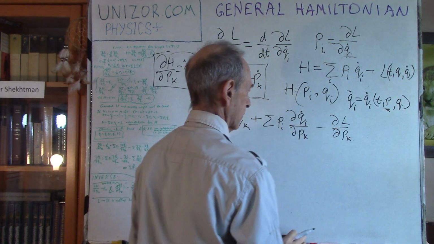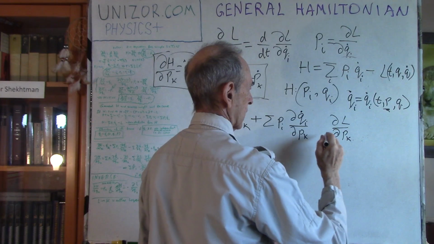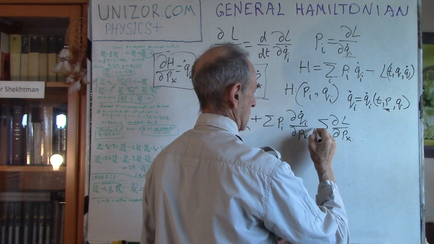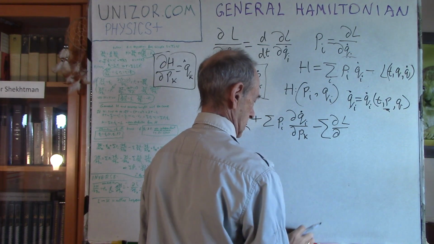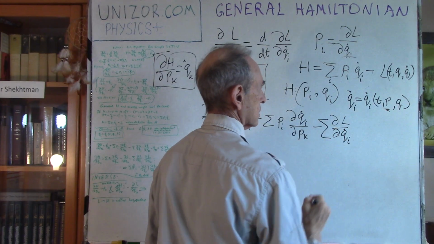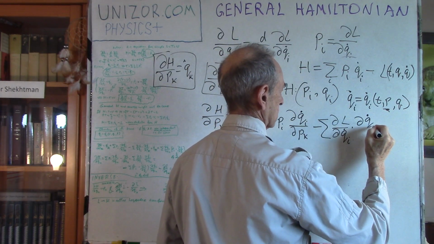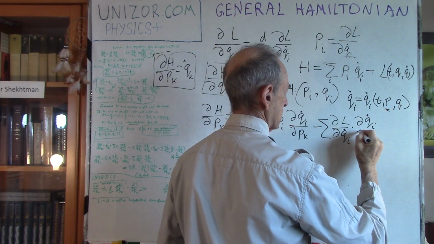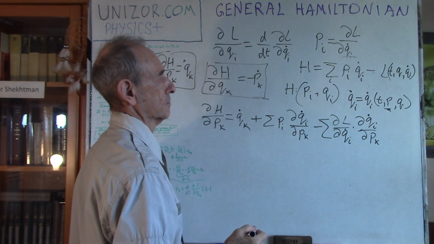So basically I have to put here not just one, I have to put sigma of dL by dqi dot times dqi dot by dpk. This is a chain rule, right?